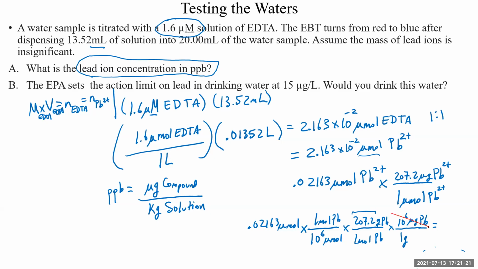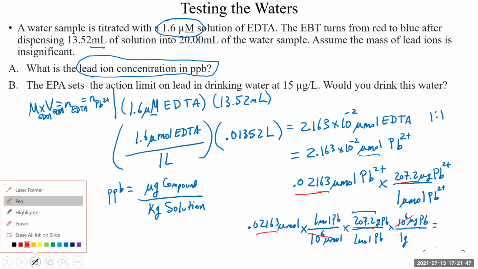The 10 to the 6 divides out the 10 to the 6, and I get 0.02163 multiplied by 207.2, which is exactly what I have here. They are exactly the same value. So whether I bother to convert or not, as long as I'm using the same metric prefix on the top and the bottom, it's actually the same ratio because the conversions would cancel each other out anyway.